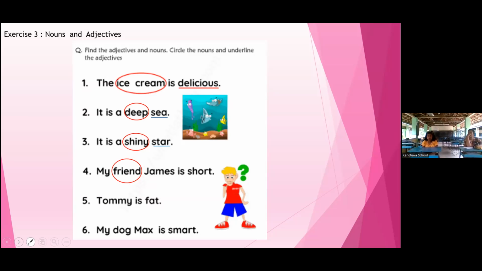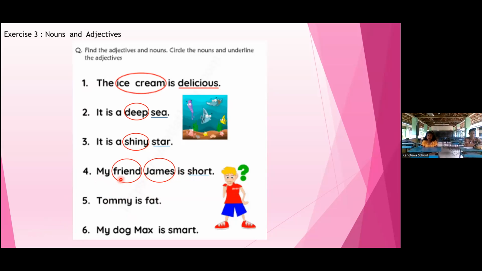Okay, there's another noun there, a proper noun. Can you please tell me what's the proper noun? Friend is a noun. There is also a proper noun. James. Very good. Well done, James. Wonderful. And what would be the adjective? Short. Very good. Well done. Yes, short is the adjective.